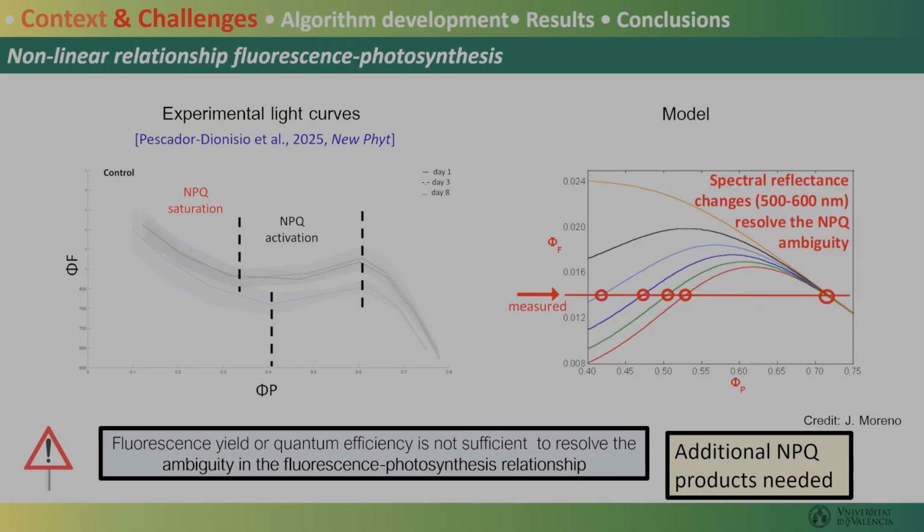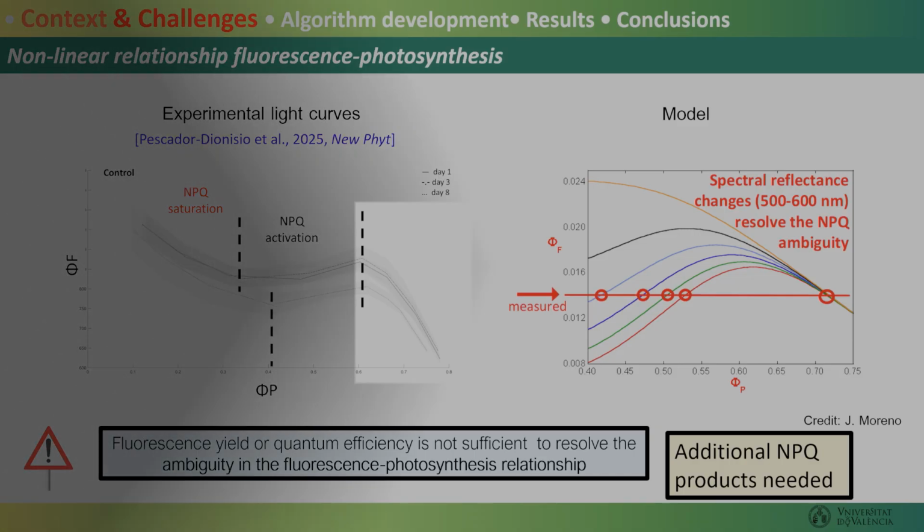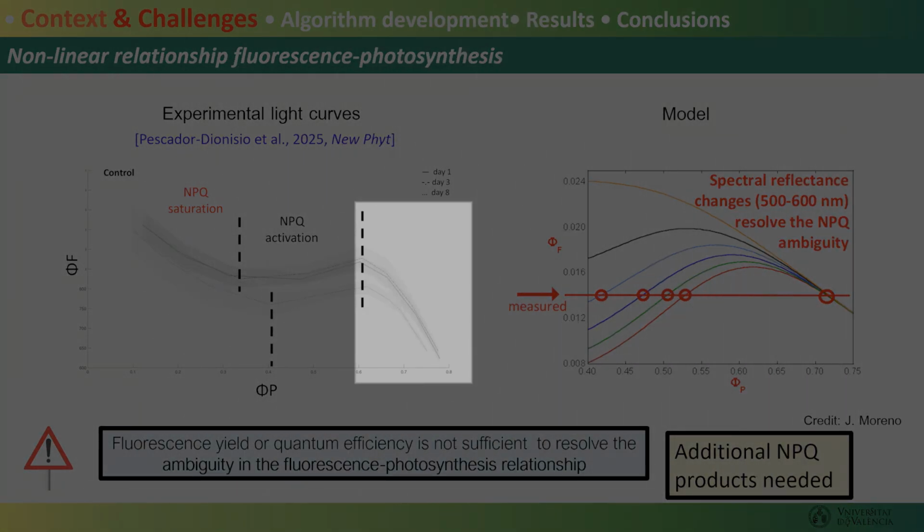But another challenge that comes with this, and that most plant physiologists are aware of, is that if you plot, for example, from active fluorescence measurements, the fluorescence yield against the yield for photosynthesis, this is a very nonlinear behavior, and you have different slopes along the process. You have a negative slope when you have high photochemical efficiency, 0.7, 0.8 you find here.